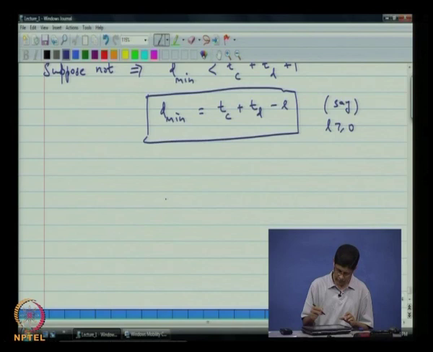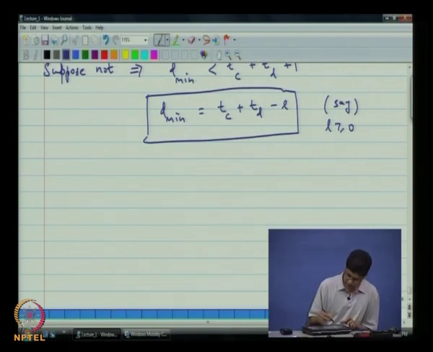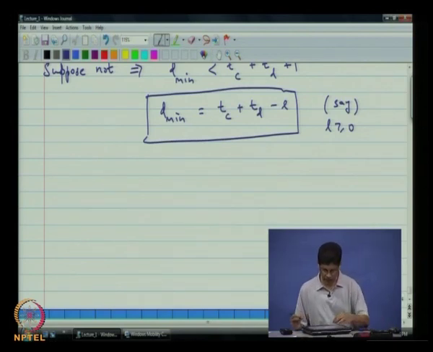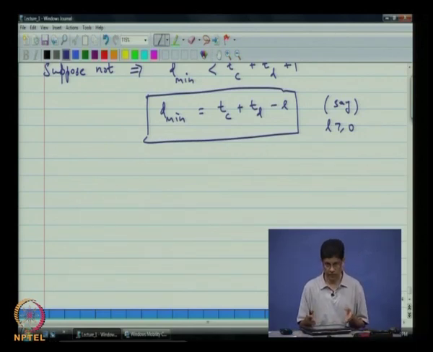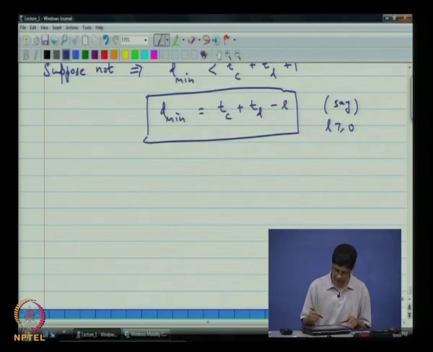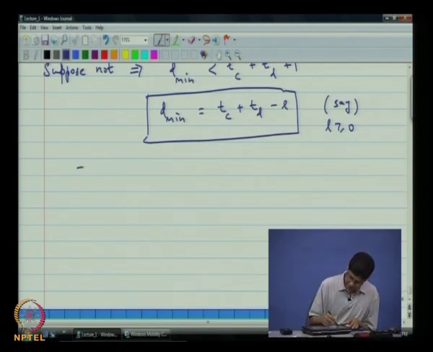and now the fact that the minimum distance of the code is given by an expression like this implies the existence of a pair of code words separated by such a Hamming distance. Implies there exists.